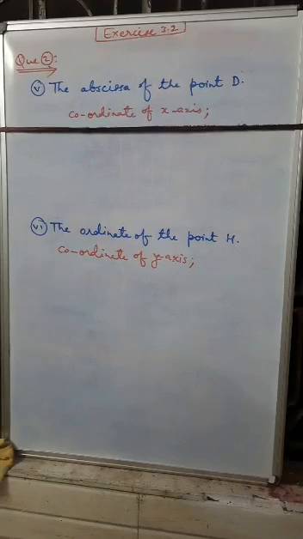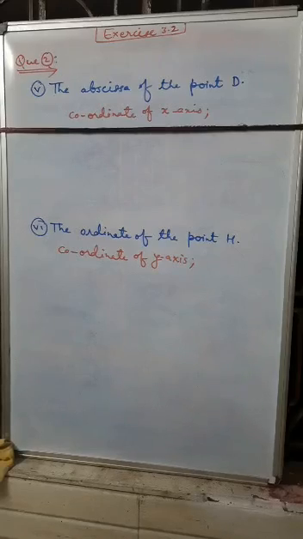And in y direction, in the negative y direction, it goes to -5. So the lines from -5 and 5 from the x axis are intersecting at point C. So the coordinate of C is equal to (5, -5). So first we will write the coordinate of x axis, then the coordinate of y axis. So the coordinate of C is equal to (5, -5).